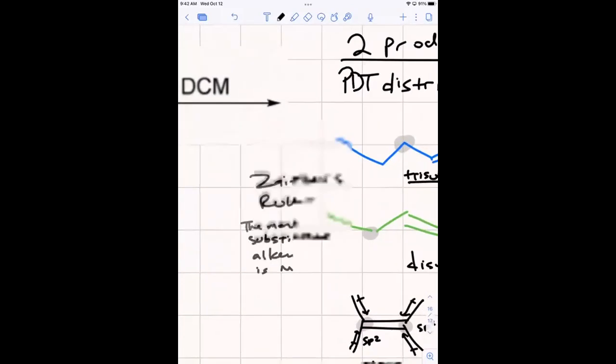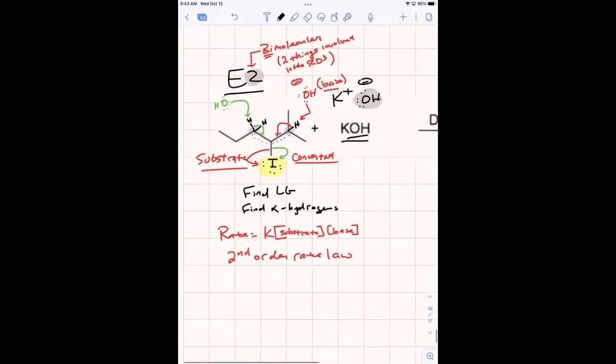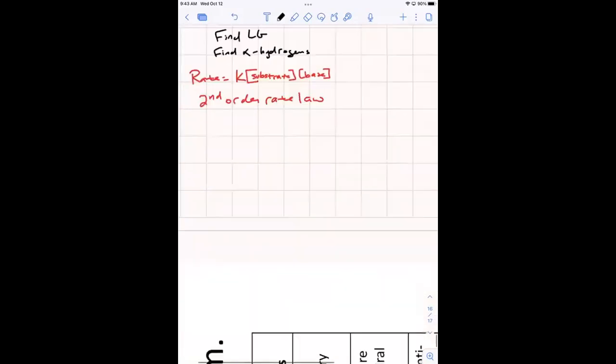So anytime you have a question for an elimination about what's major and what's minor, it's always the more substituted alkene. Now we don't have percentages because to get those you have to do this in a lab, isolate each product, and get the percent yield for each one. But in a case like this, where you have two alpha sites, you're going to get two products. Any questions?